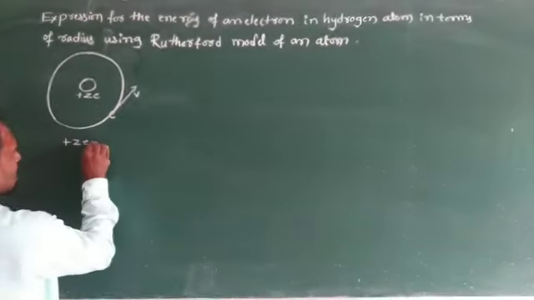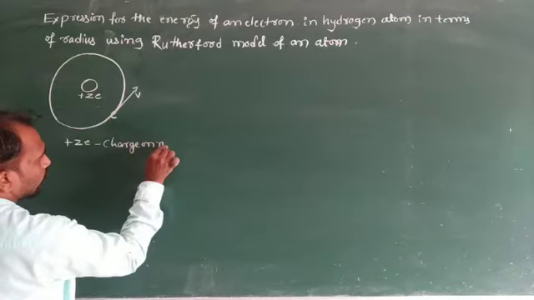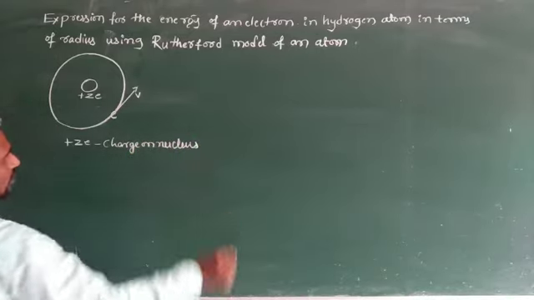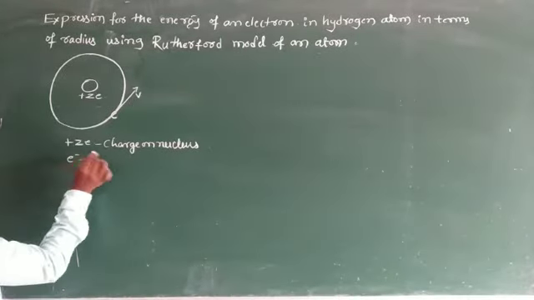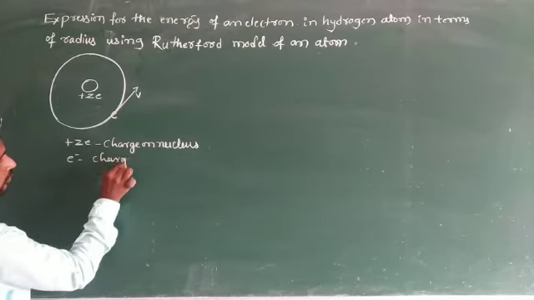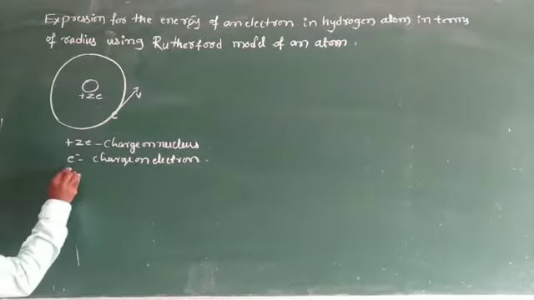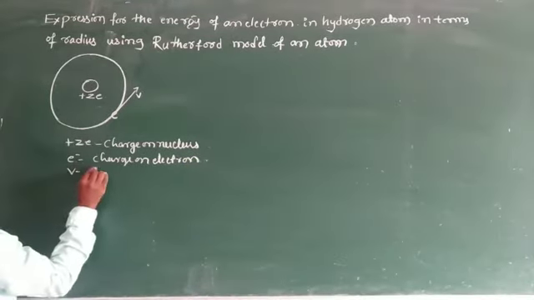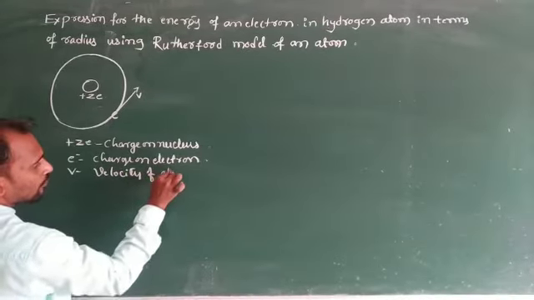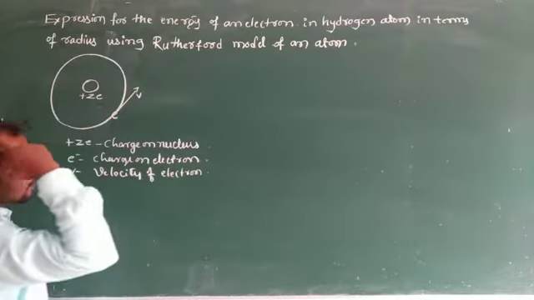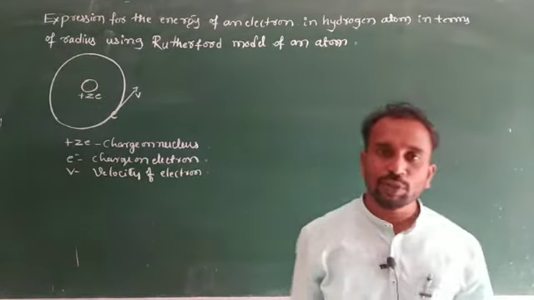So Ze is the charge on the nucleus, e is the charge on the electron, and v is the velocity of the electron.